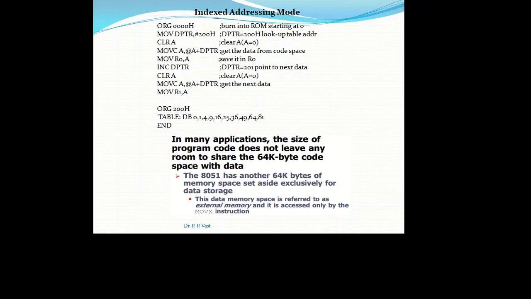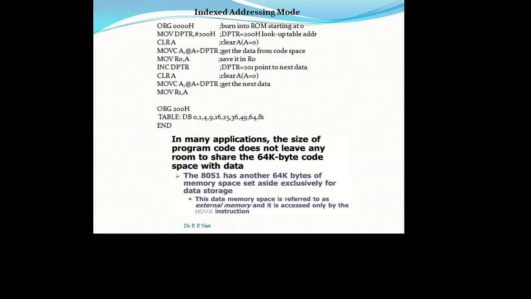The next instruction is MOV R0, A. As the accumulator data is 0, R0 will have the data 0. Now the next instruction is INC DPTR. Earlier it was 200, now it becomes 201. So instead of indicating 0, it now indicates 1, the next memory location.